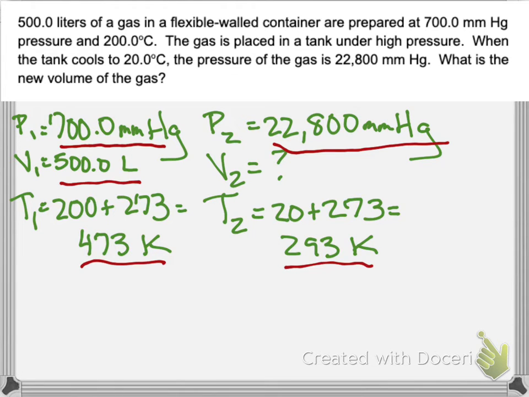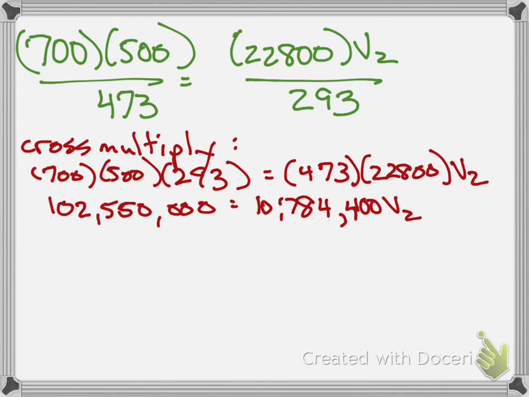Okay, so now we've set up our problem, and on the next page I've already set up the problem here. On one side we have P1 times V1, 700 times 500, divided by T1, which is 473. And on the other side we have the final pressure, P2, which is 22,800. We have V2 on top, and we divide all of that by T2, which is 293.